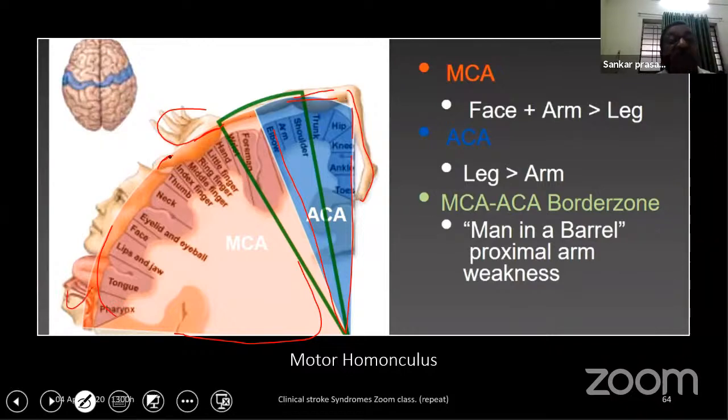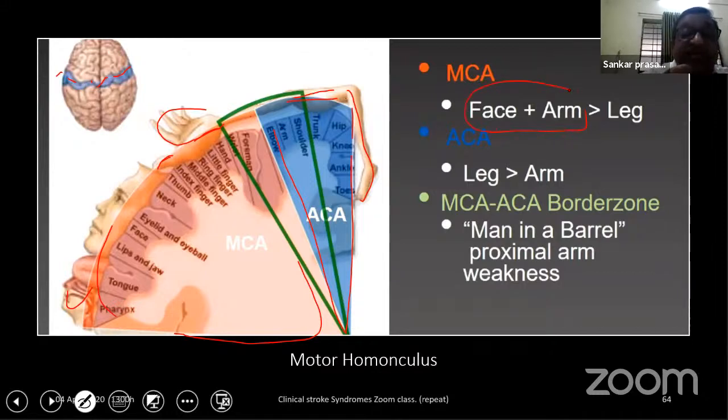So most of the defects, if this is the precentral gyrus, the premotor cortex, the MCA will have weakness of the face, the arm, and the leg also. It's a large area. We can have weakness, but there is a difference here. The face and arm are much more severely affected than the leg. The face and arm are more involved in the weakness than the leg.